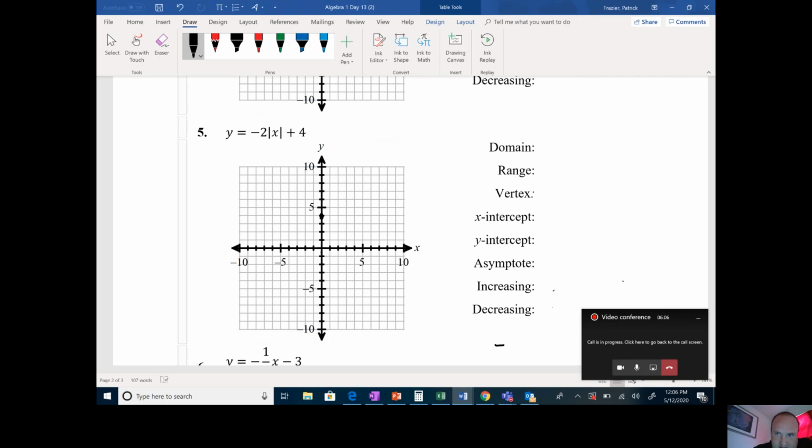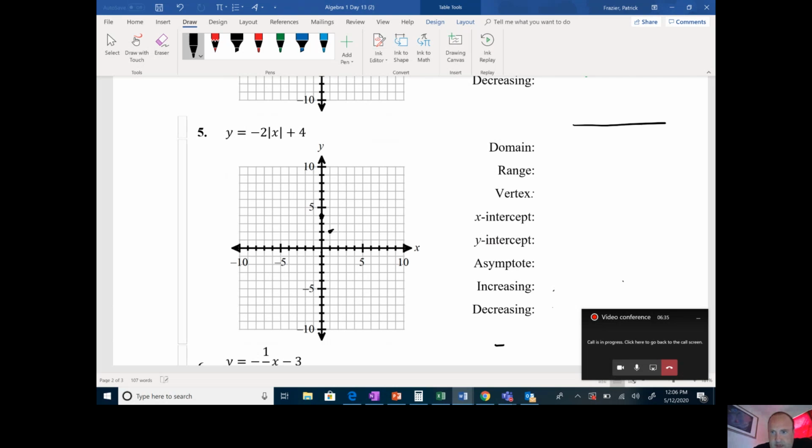So that also means when I was talking about the parent function where it's normally shaped like this, because of the slope being negative, going to Sacramento from Tahoe means the curve would be shaped like an upside down V. So we're going to go down 2. So -4, -3, -2, and just over 1.